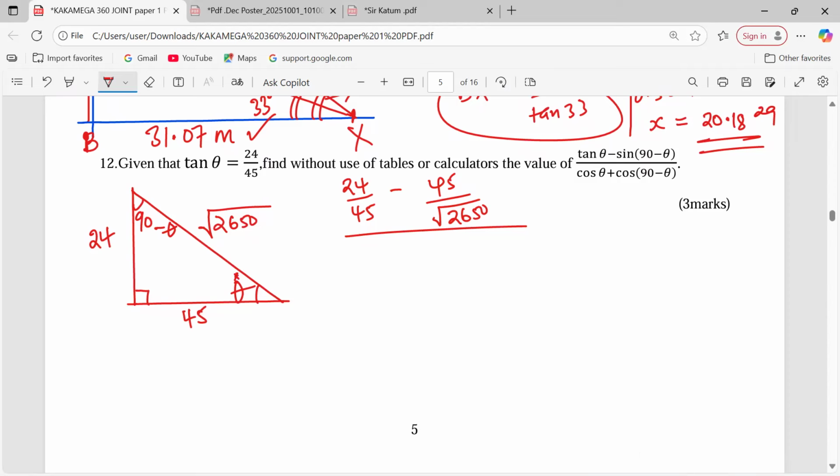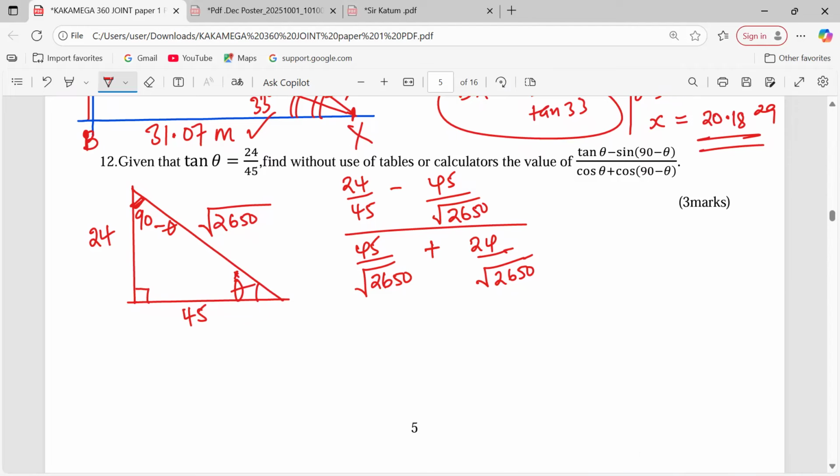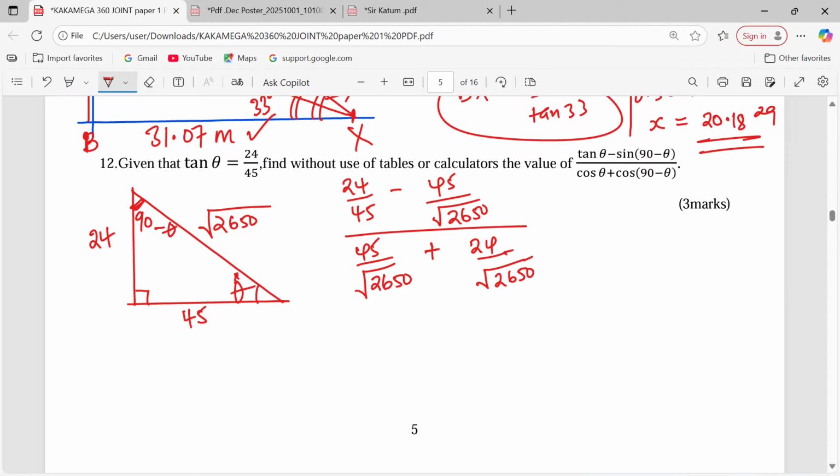When beta is here, cos beta shall be adjacent out of hypotenuse, plus the cosine of 90 minus beta. So 90 minus beta is the angle at the top here. So we need 44 out of the root of 2650. So this is what we are supposed to solve.